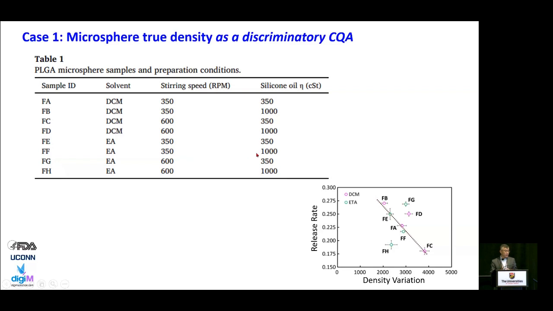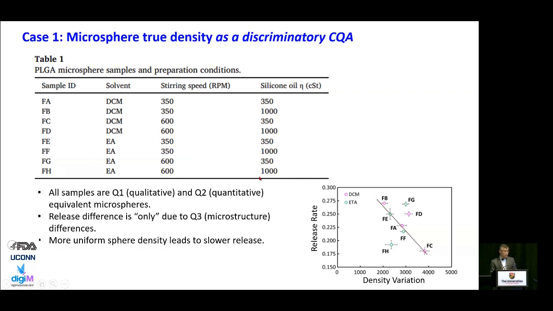And from this assessment, the conclusion was all samples are Q1 and Q2 equivalent microspheres. The release differences are most likely only due to Q3 microstructure differences. And then more uniform spherical density leads to slower release, better encapsulation.